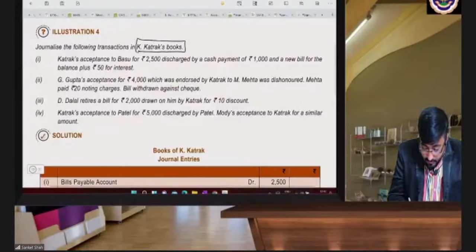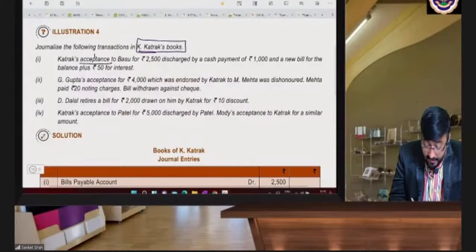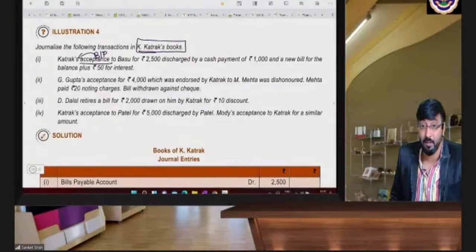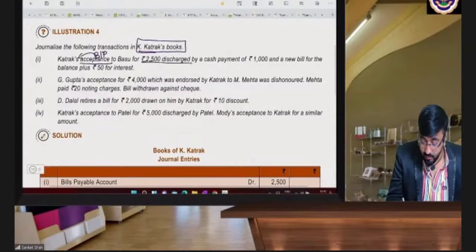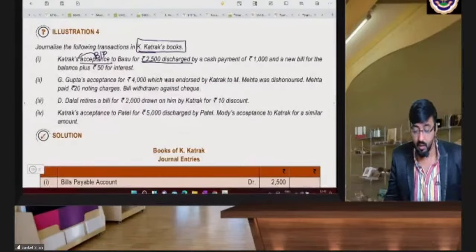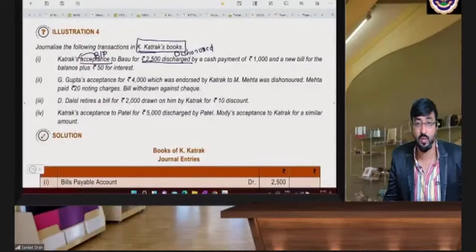Katrak's books. Okay. Katrak's acceptance to Basu means it is bills payable for Katrak. Bills payable because it's an acceptance. He discharged it, 2,500, means he dishonored it. It dishonored, for a cash payment of 1,000 and new balance plus 50 rupees for interest.